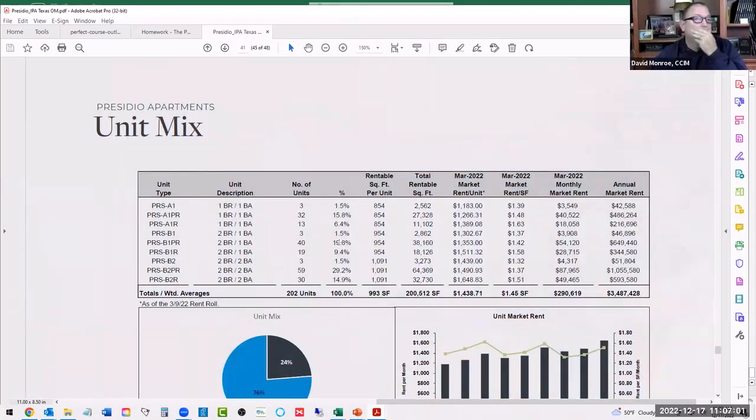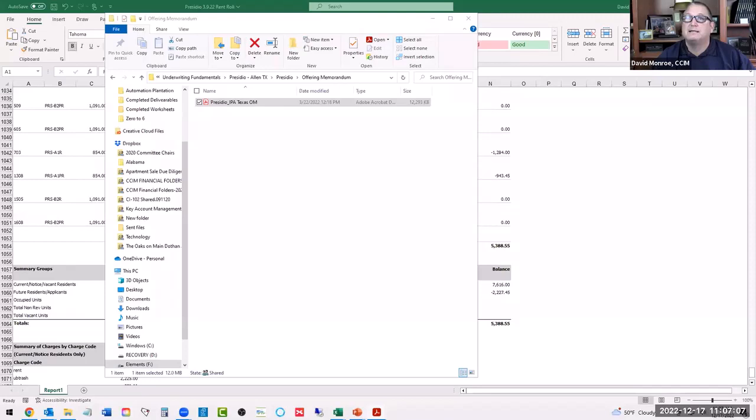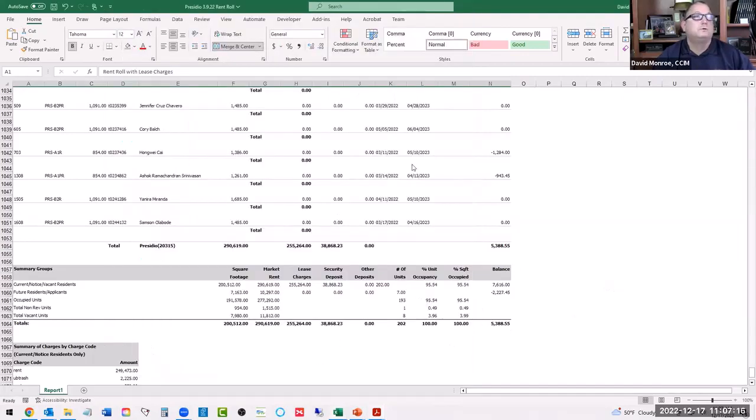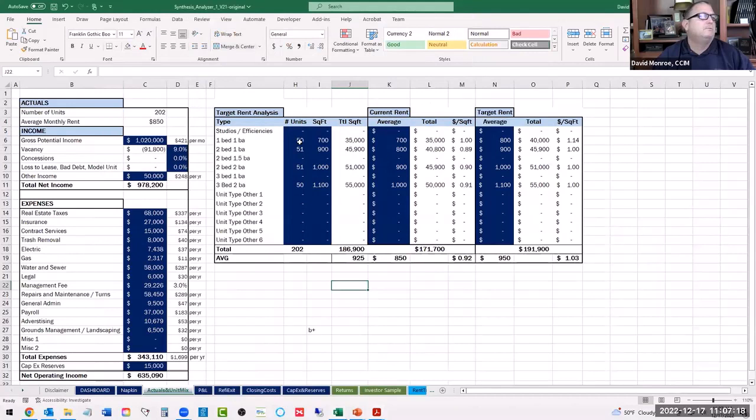So if I'm gonna move this to the side. I gotta minimize you guys so I can see it. There it is. And come back to our model. So we have 3 1 bed, 1 bath. We could add more here. And the unit prices are different.